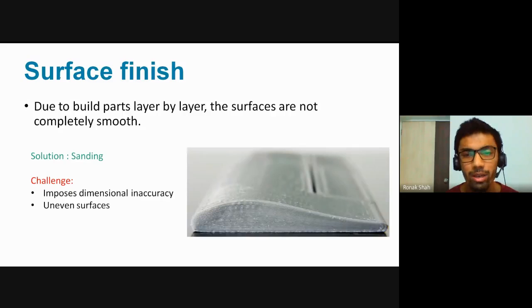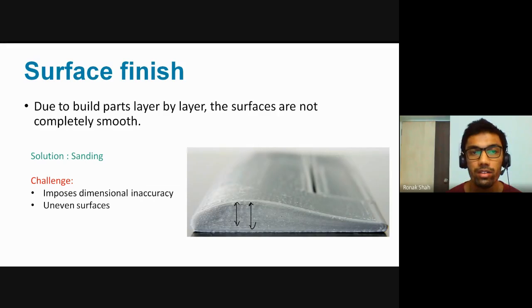Another problem is the surface finish. Here in the image you can see the layers. This is how the printing has happened in this direction, with material getting added layer by layer. For certain applications, like artistic ones, this is not visually appealing, and your printed objects might not look good.